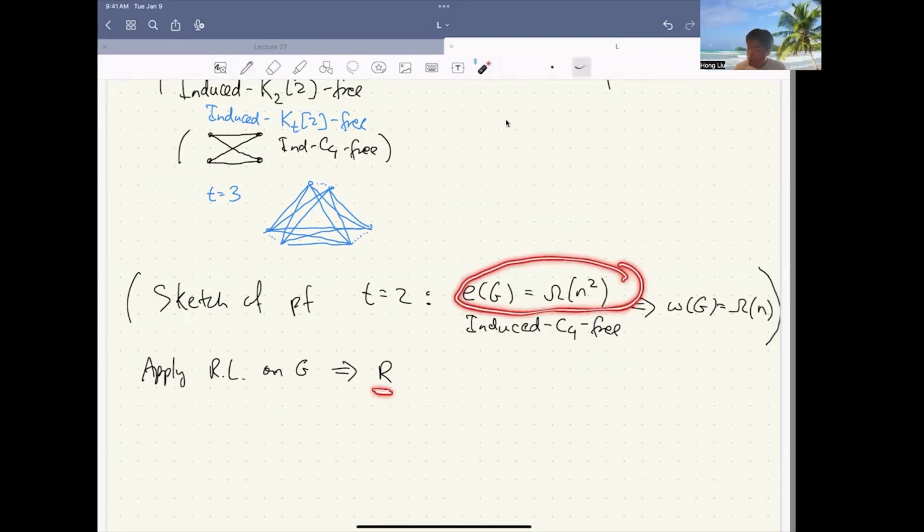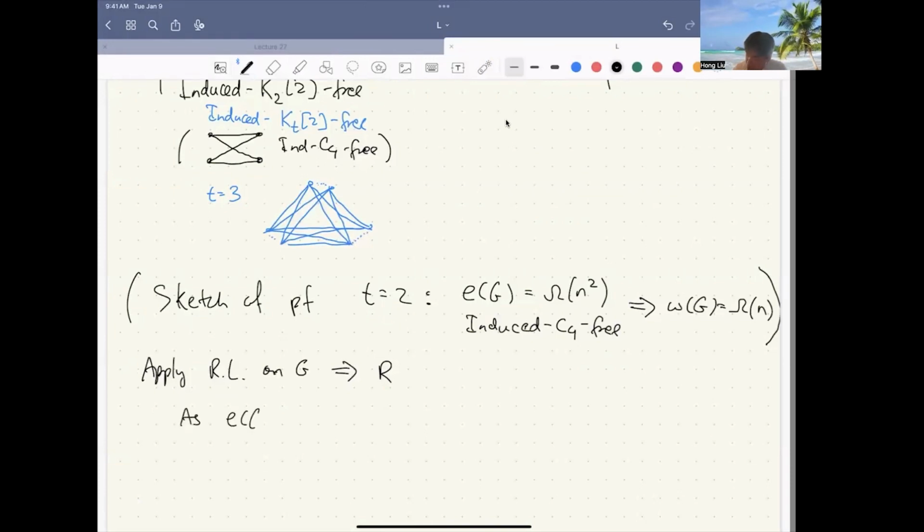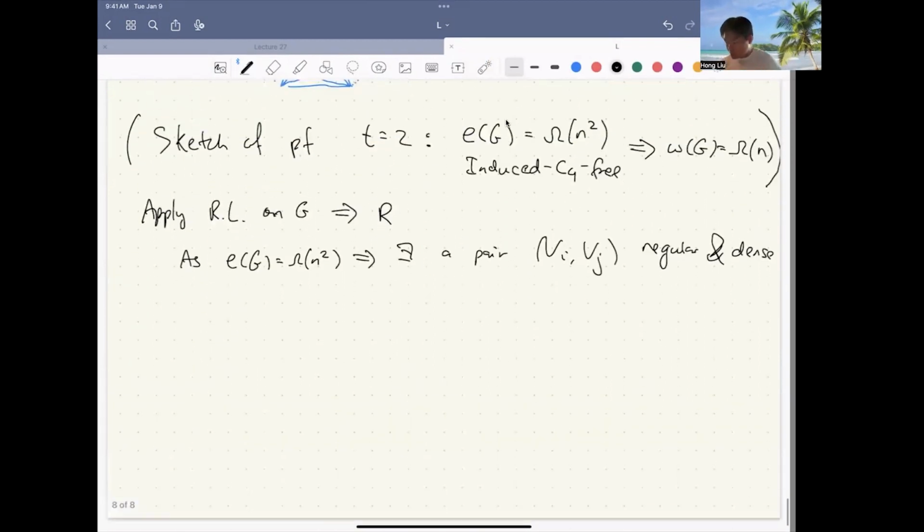Because our graph is dense, it has positive edge density, the reduced graph must contain at least one edge. Which means, as E of G is not little o of n squared, this implies there exists a pair V_i, V_j which is regular and dense.